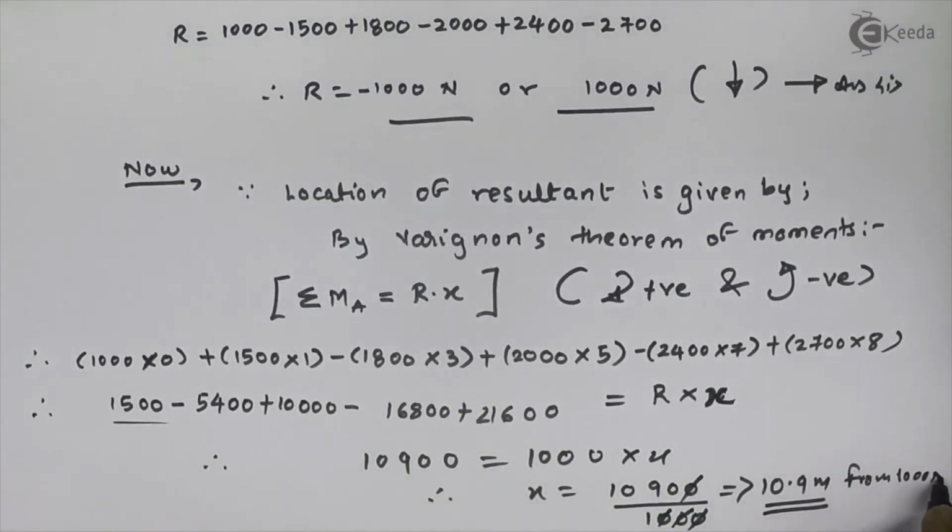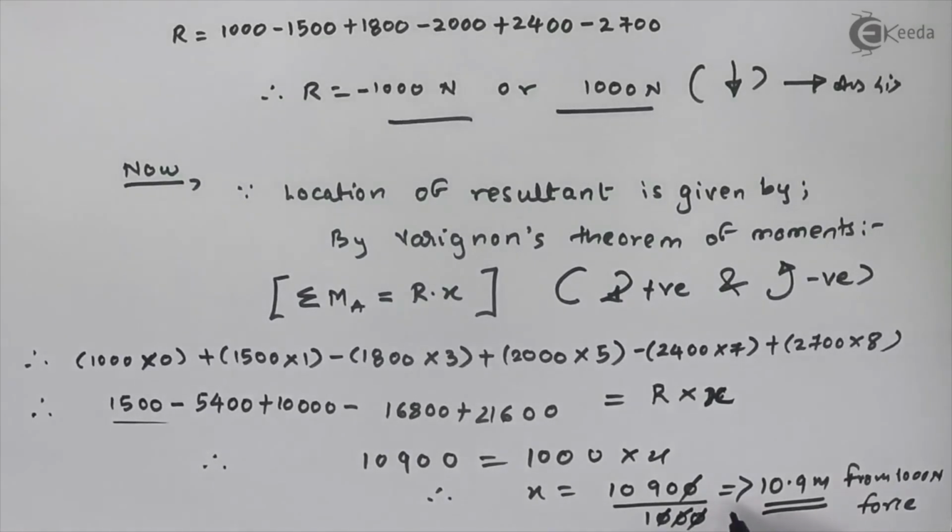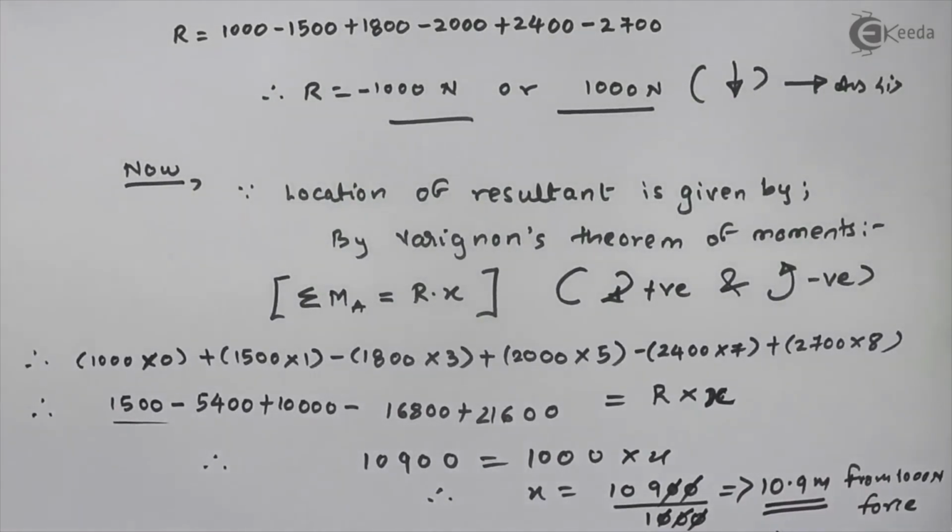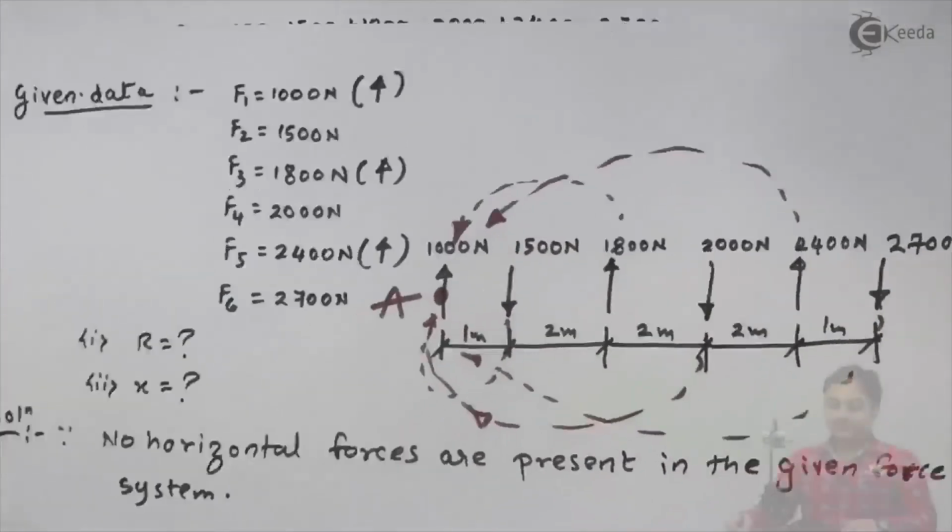So from 1000 Newton force, the distance x comes out to be 10.9 meters, which I have calculated. So finally this becomes my second answer, and if I want to locate the resultant, I can locate it.